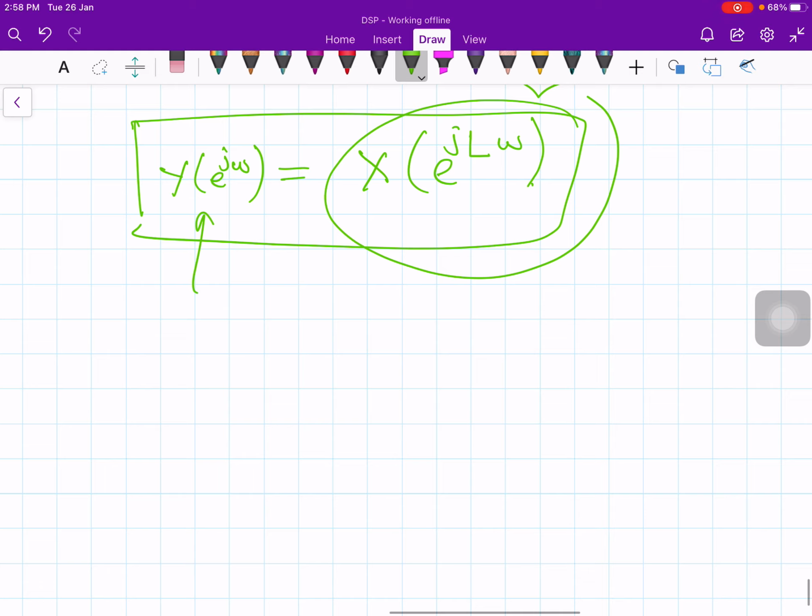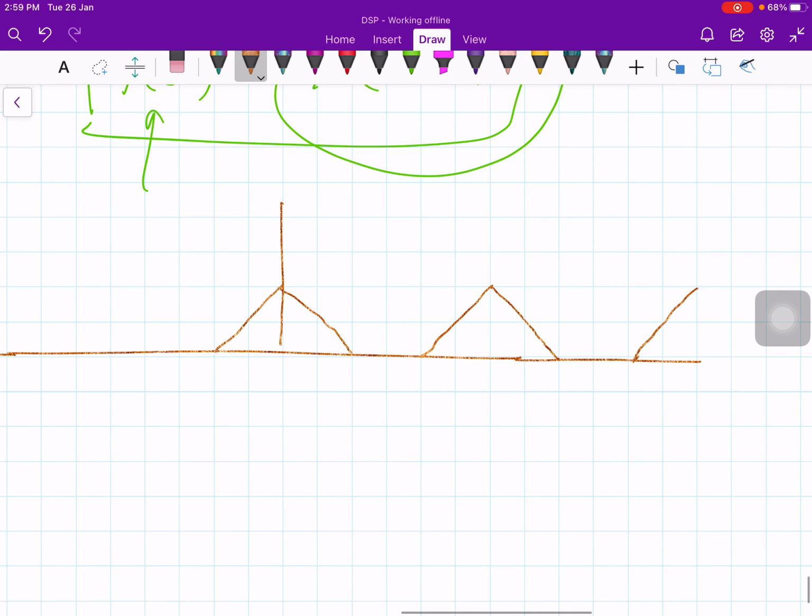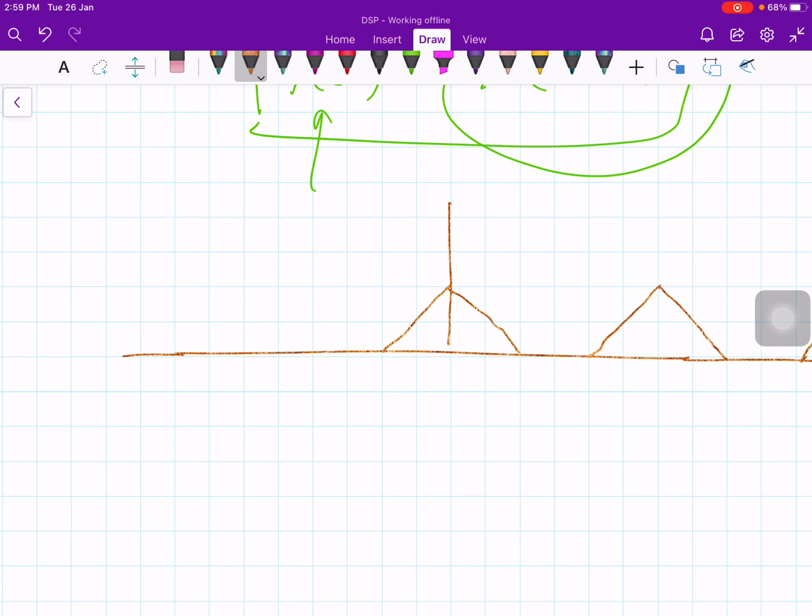Okay, so let's draw a few pictures and we can understand in a better way. A picture is worth 1000 words. I said the discrete time Fourier transform is a periodic function. Let me take my function like this. It is periodically repeating like that.